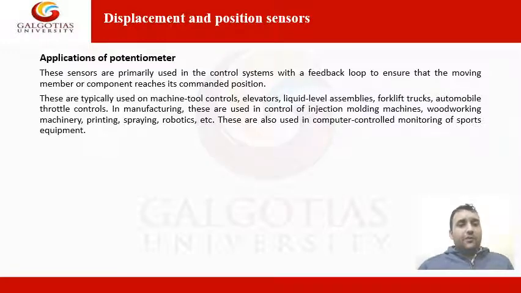These are typically used in machine tool controls, elevators, liquid level assemblies, forklift trucks, and automobile throttle controls. In manufacturing, these are used in control of injection molding machines, woodworking machinery, printing, spraying, robotics, etc. These are also used in computer control monitoring of sports equipment.